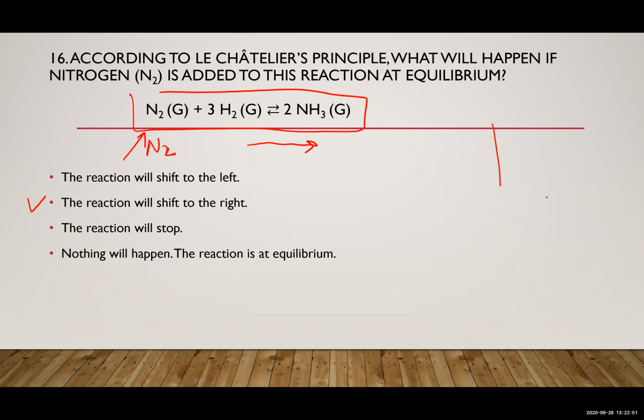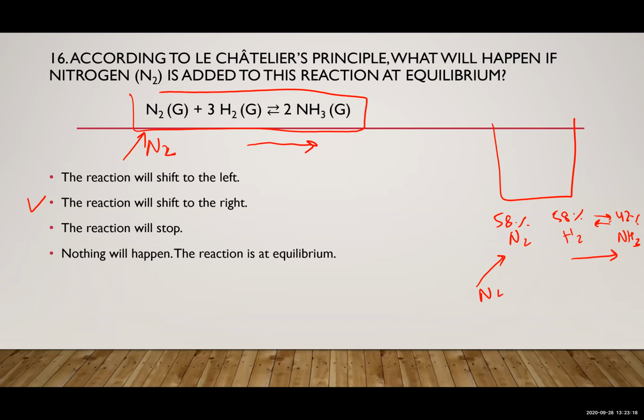Shift to the right means, imagine that at equilibrium, I'm just guessing, there is 58% nitrogen, 58% hydrogen, and then remaining, that's 42% ammonia. That's at equilibrium. Imagine if we add more nitrogen, now shifting to the right means we have more ammonia.